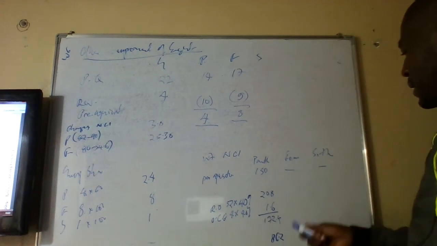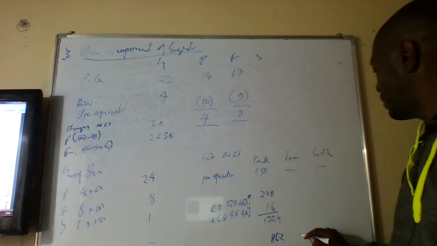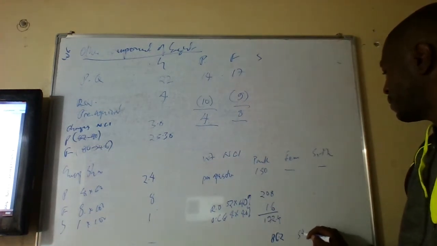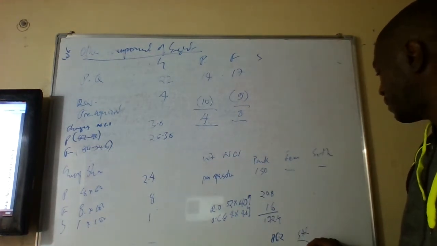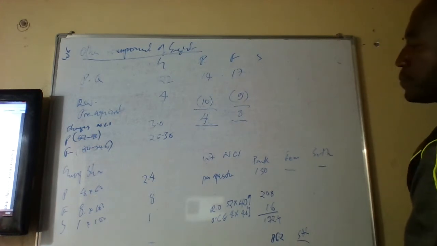So then you credit what? You credit fence with the 54.6. So this is your non-controlling interest, this plus that.